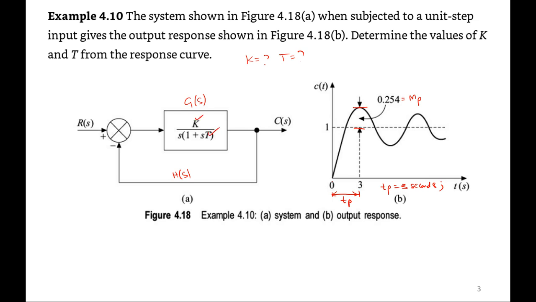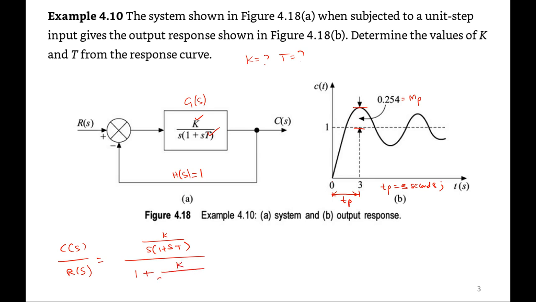First we'll obtain the transfer function C of s by R of s. C of s by R of s is G divided by 1 plus G of s into H of s. Here this is G and this is H. H of s is 1 here. G is K divided by s into 1 plus sT. This is G divided by 1 plus GH.